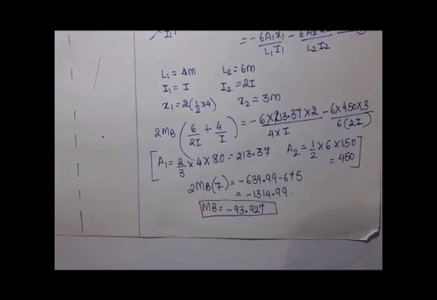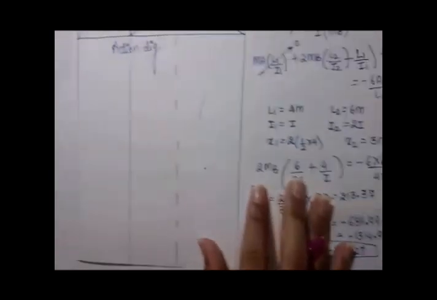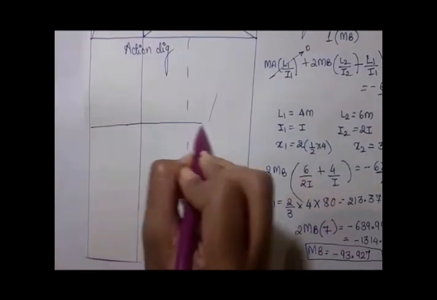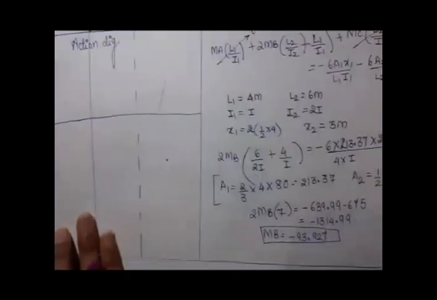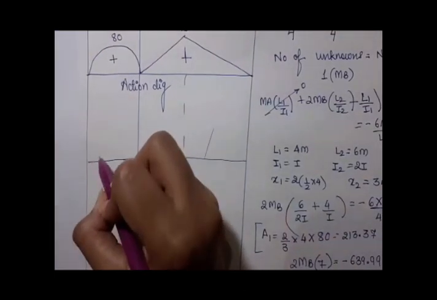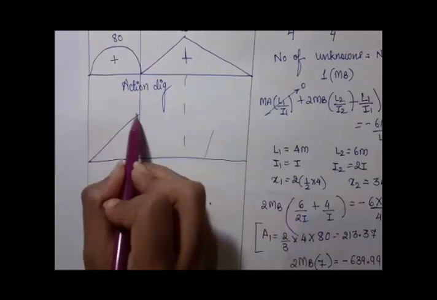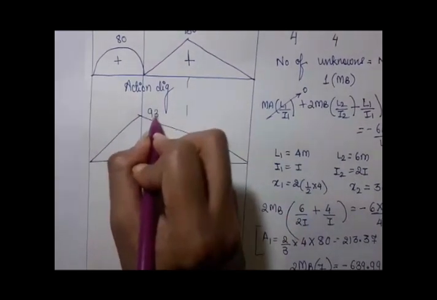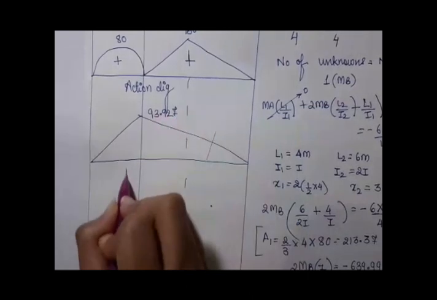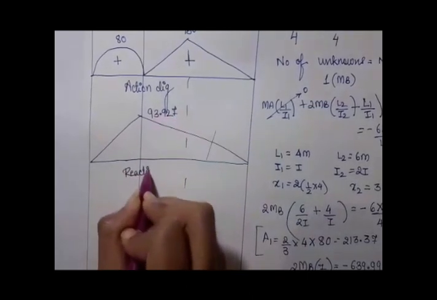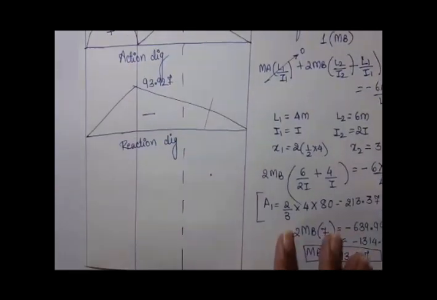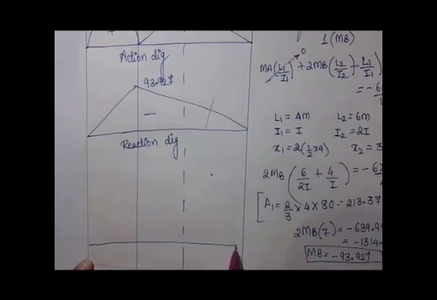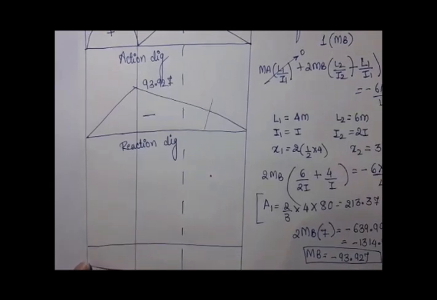So now we have to find the second diagram, that is the reaction diagram. How is the reaction diagram? The value we found as MB, that was our unknown. So the reaction diagram would be MB equals to 93.927, and this reaction diagram is always negative. Reaction diagram is always negative. As I already told you, the final bending moment diagram is action diagram plus the reaction diagram.